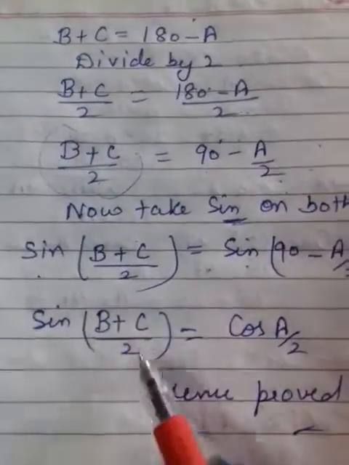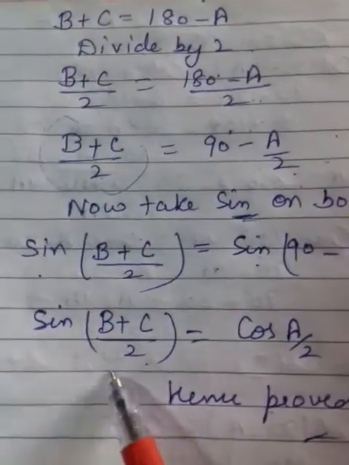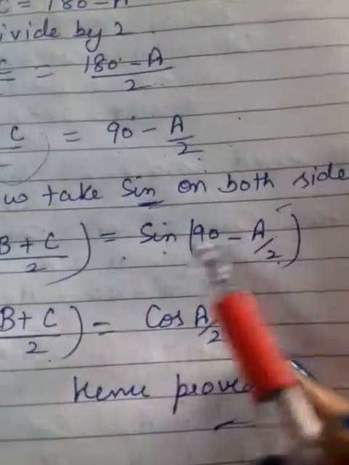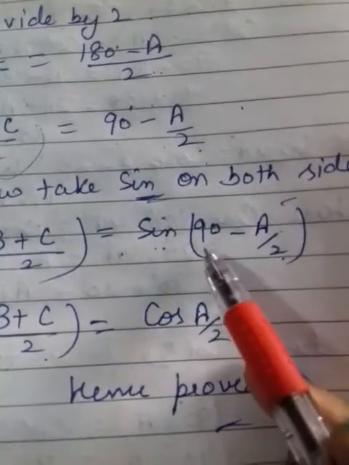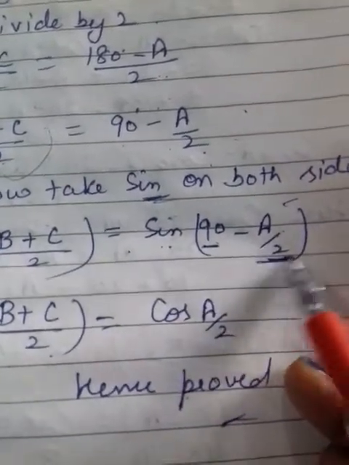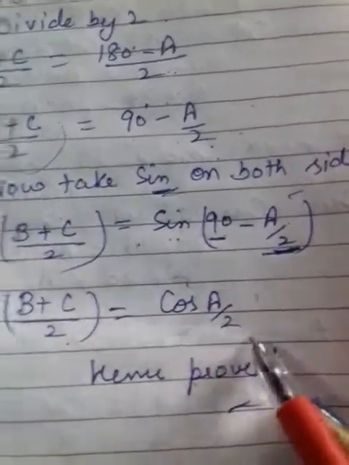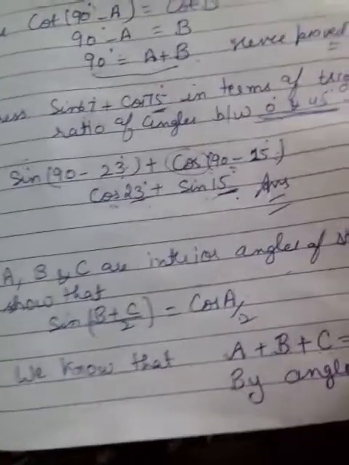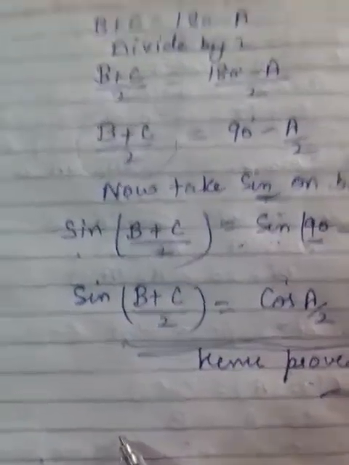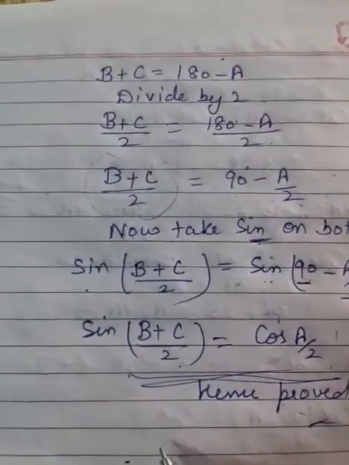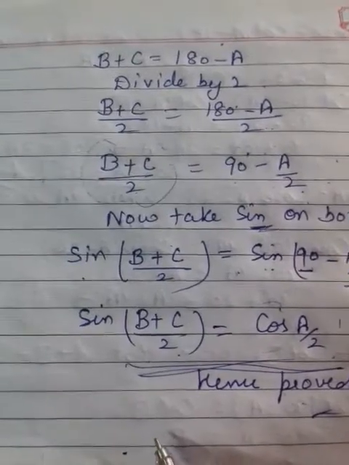So it will keep the left hand side the same. But see here, sine(90 minus theta). This is 90, this is your theta. This is cos theta. So this is the result that you want to prove here. See, hence proved. We started from the angle sum property. I hope you are finding it easy, and by practice it can be done easily.